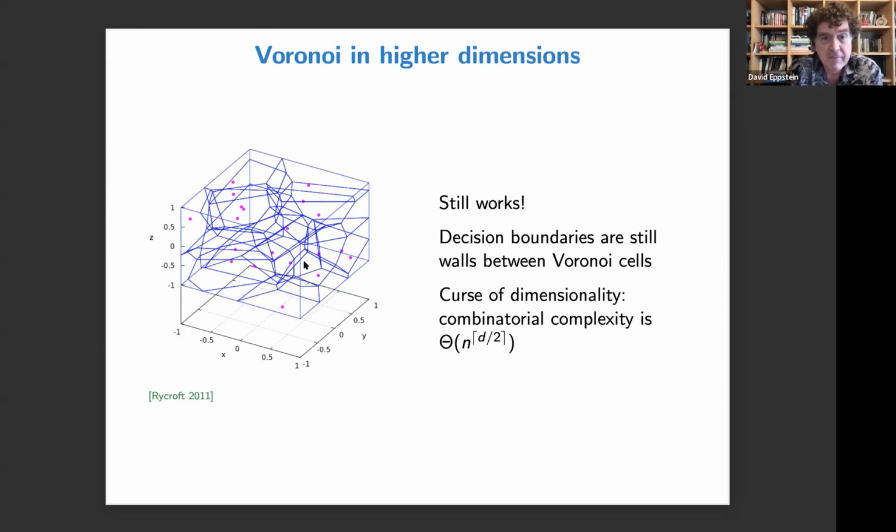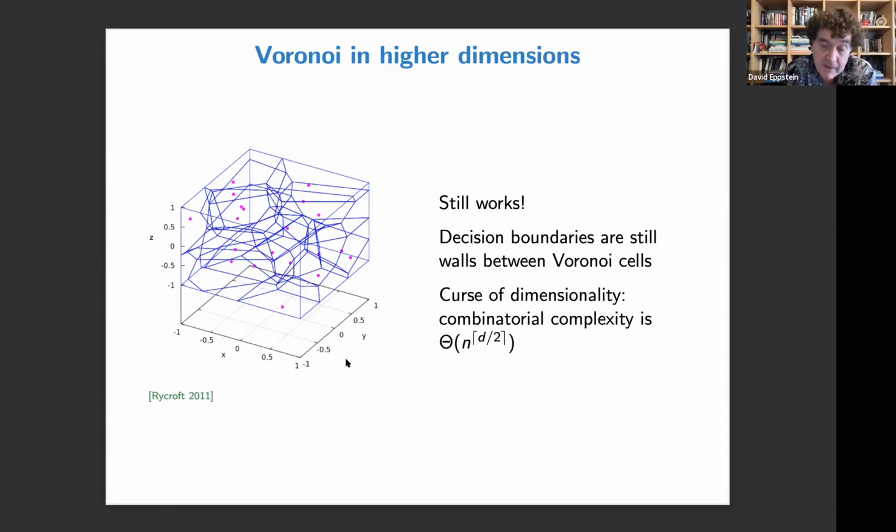So even in 3 dimensions, you've gone up from n to n squared complexity to construct this Voronoi diagram. By the time you get up to 5 dimensions, it's n cubed, et cetera, et cetera. It works, but not very efficiently.